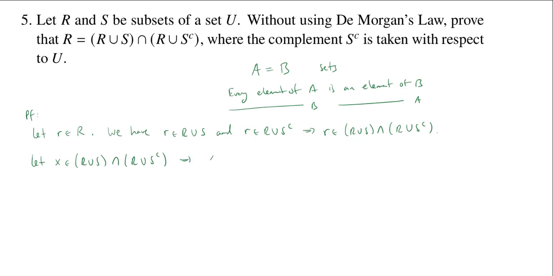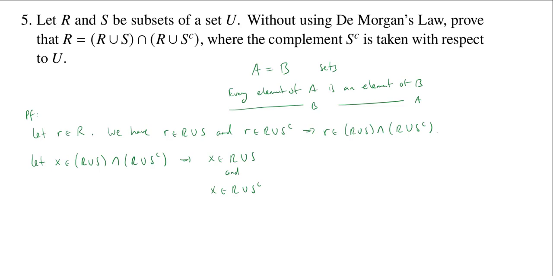So this implies x is in R union S and x is in R union S complement. Okay, now, if I'm in R union S, that means I have to be in R or I have to be in S. So let's look at these two situations.